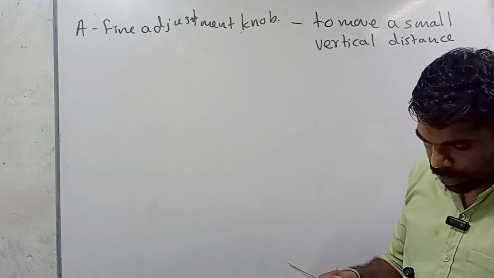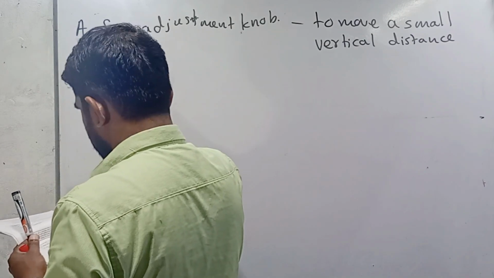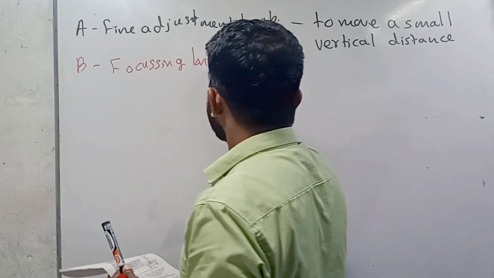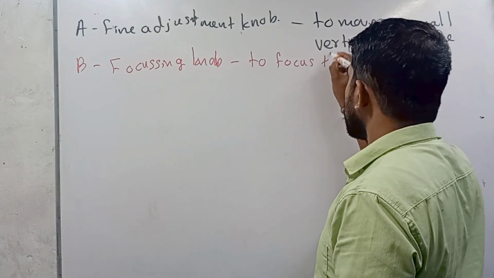Then B, focusing knob. It is used to focus the microscope.